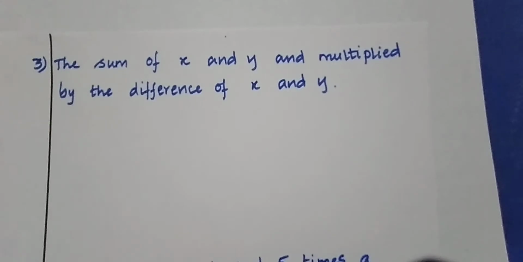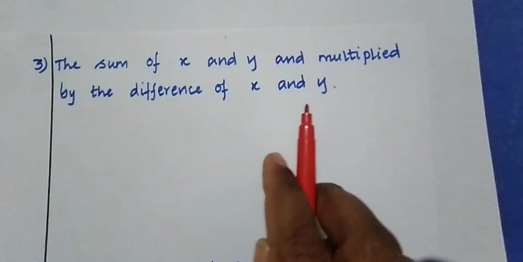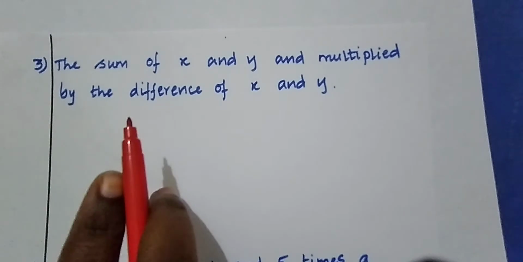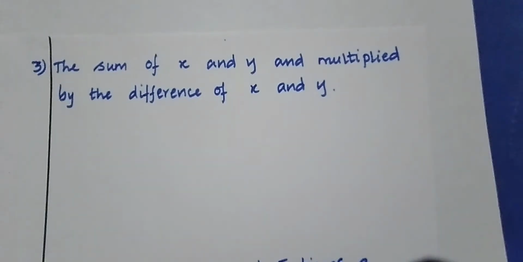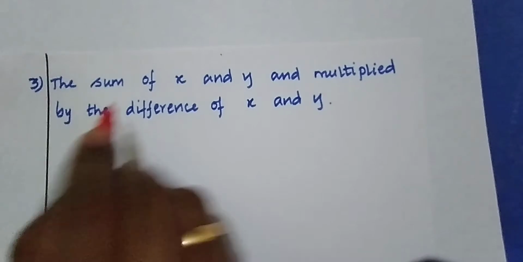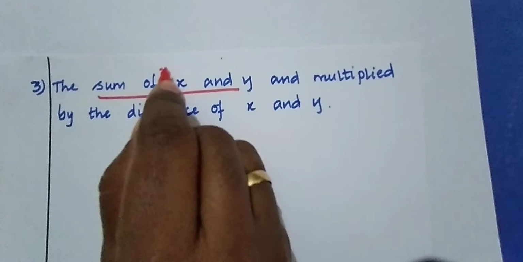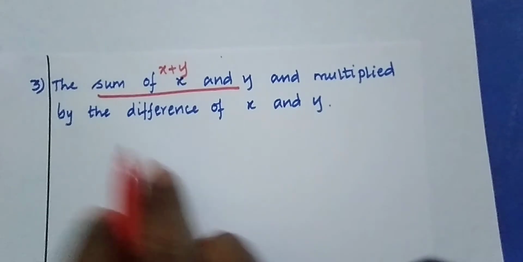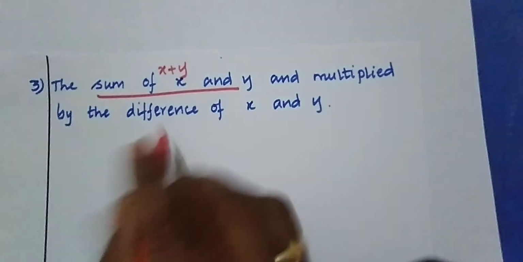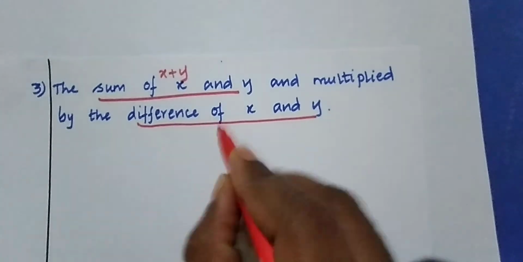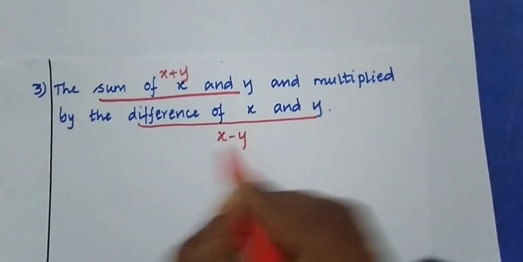Third question, the sum of x and y and multiplied by the difference of x and y. The sum of x and y is x + y. The difference of x and y is x - y.